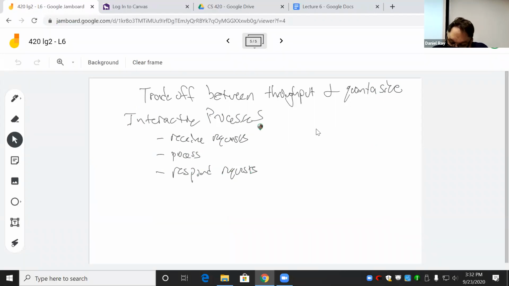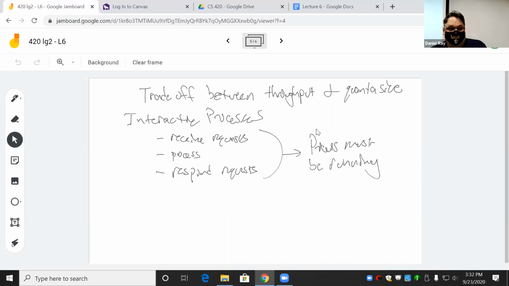And the thing to notice about this is that the process must be running to do any of those things. Okay? The process has to be on the processor to receive a request, and it has to be on the processor, obviously, to process a request, and it has to be on the processor to respond to a request. Okay? So what does that mean?